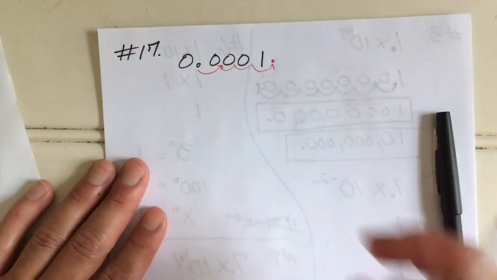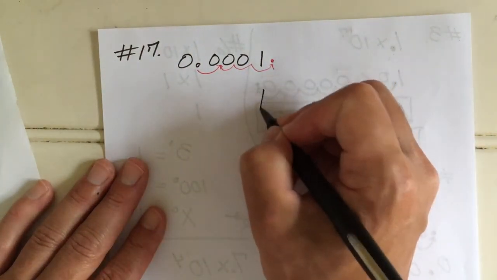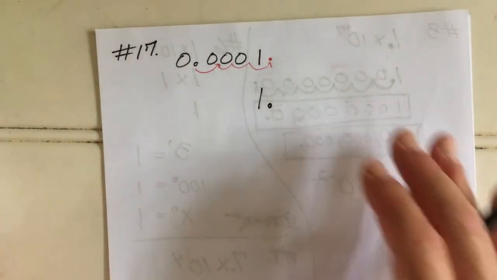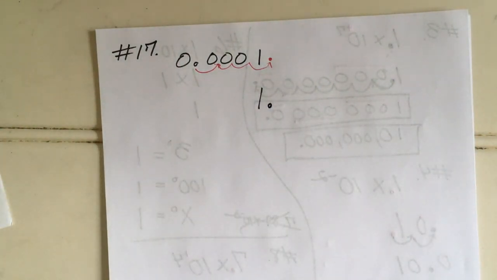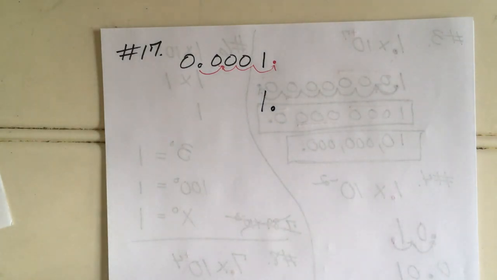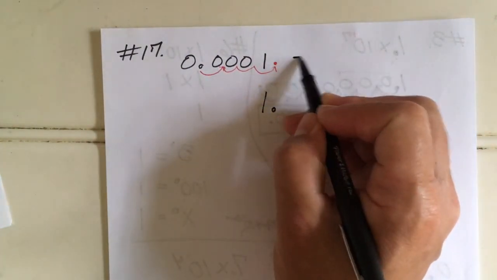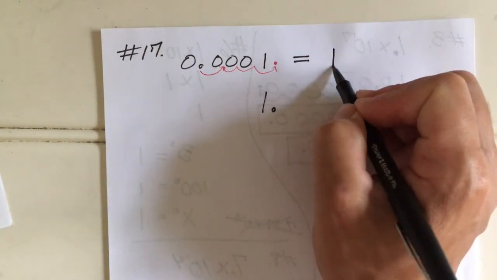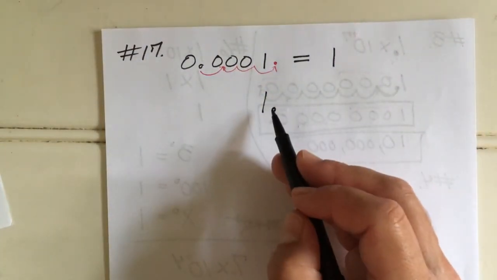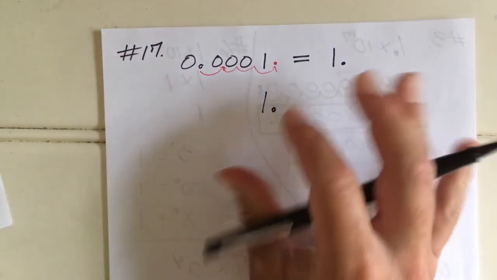Right there. If I put that decimal right there, it becomes 1 point, which is a number between 1 and 10, right? A single digit number. But this doesn't equal 1, right? So I can't just leave it like that.